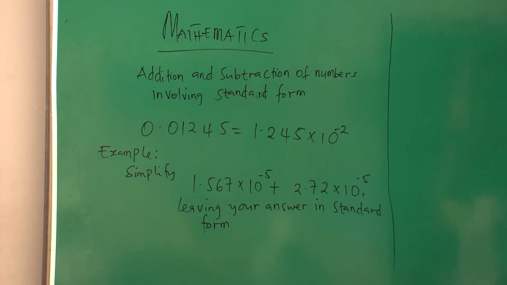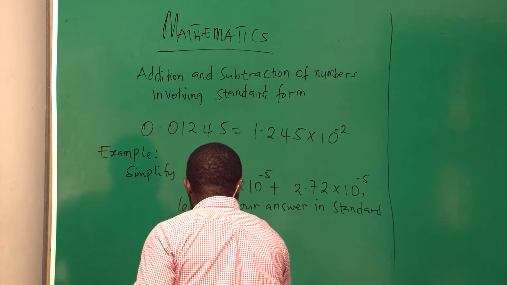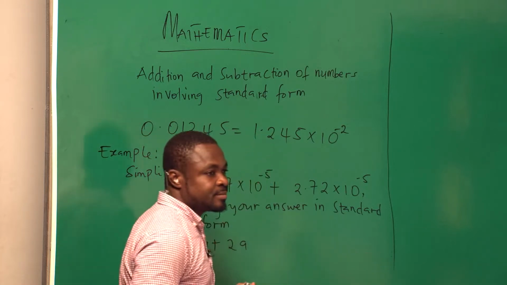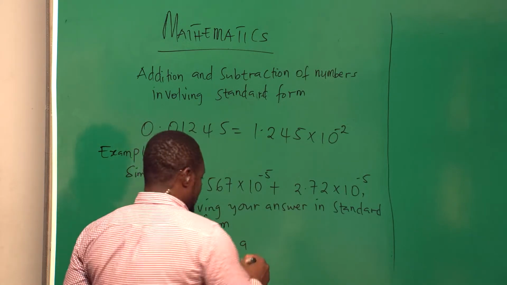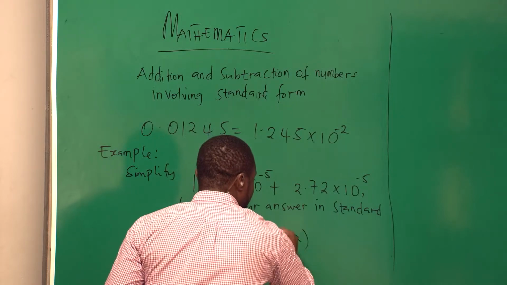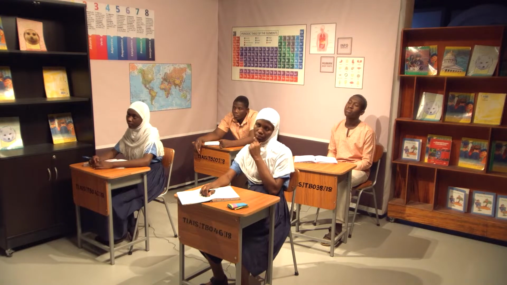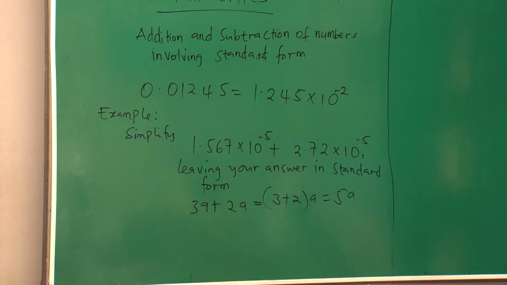It's just like adding 3a to 2a. You can rewrite this as 3 plus 2 times a, equal to 5a. We are treating the example on the board the same way.